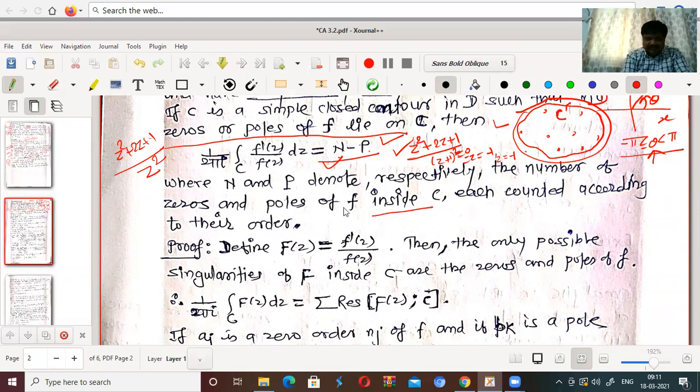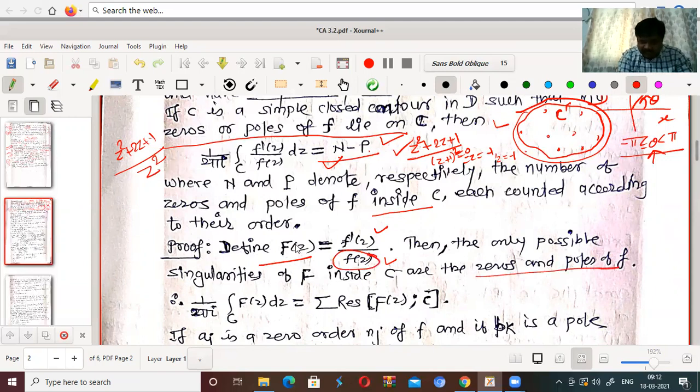Define capital F of z by small f dash z upon f of z. Then the only possible singularities of capital F of z inside C are the zeros of f of z as well as the poles of f of z, and they are finite.